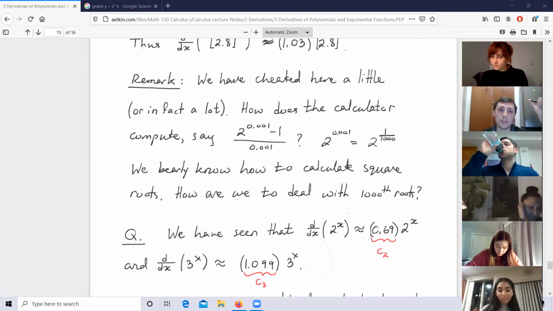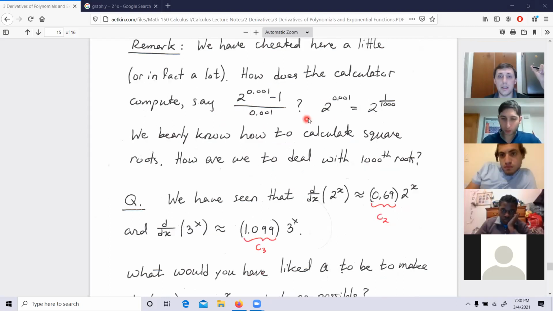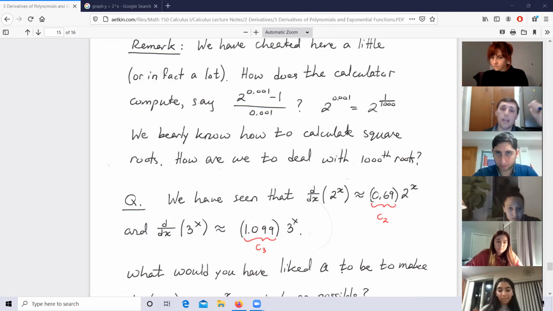But what does it mean to calculate this quantity, guys? It means that I need to take the 1,000th root of 2. And you are not even able to do the second root of 2, right? So that's a very, very complicated operation. How is the calculator doing it? Ask yourself. Somebody programmed it.